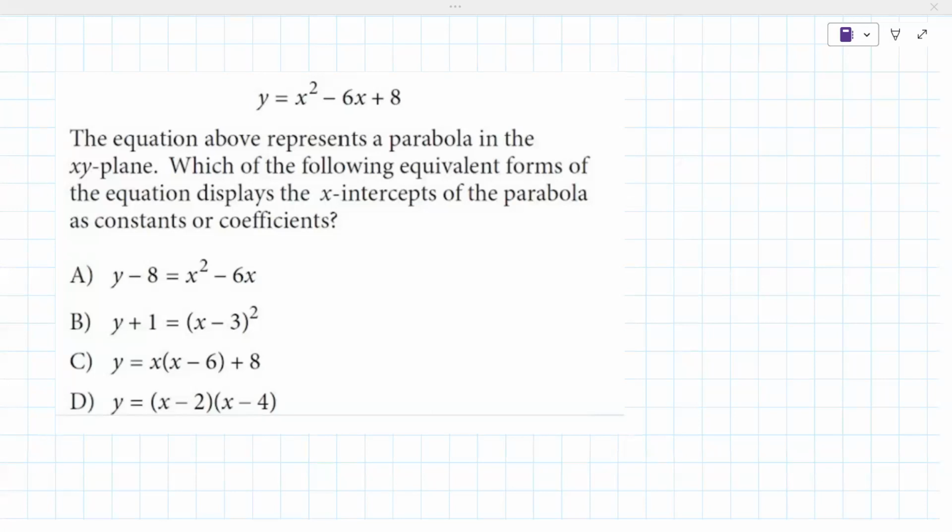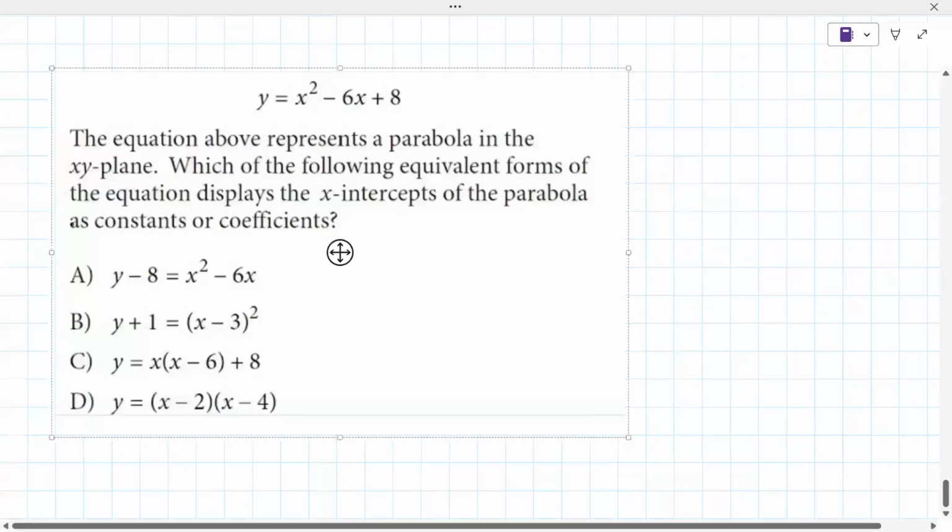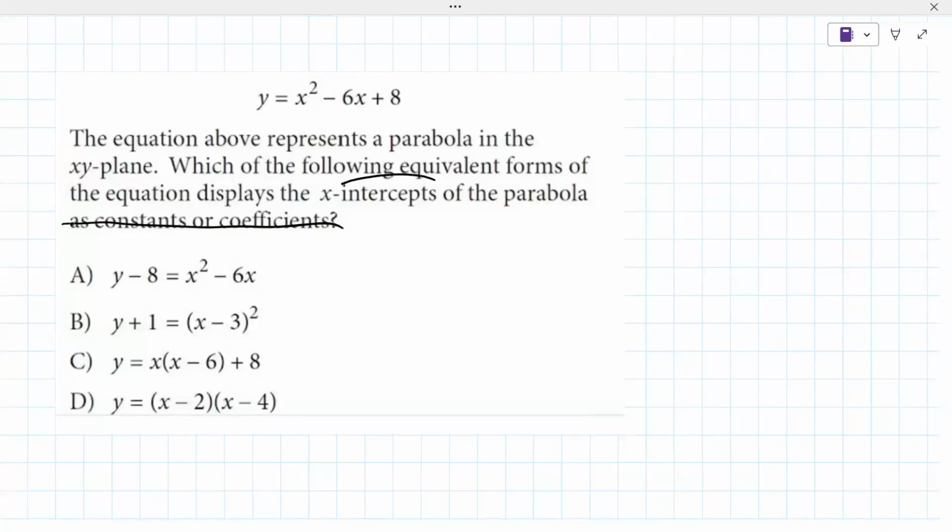So it'd be either C or D. Now, which is in factored form? D.